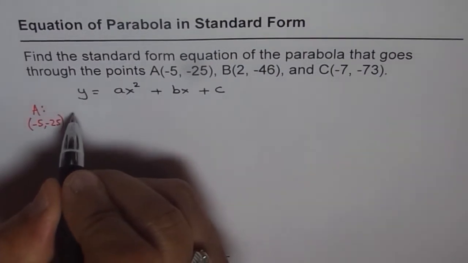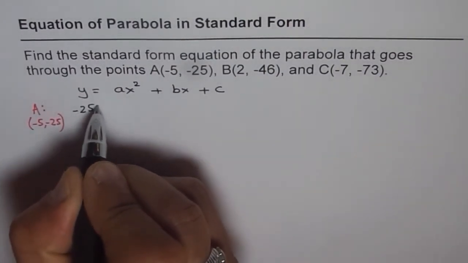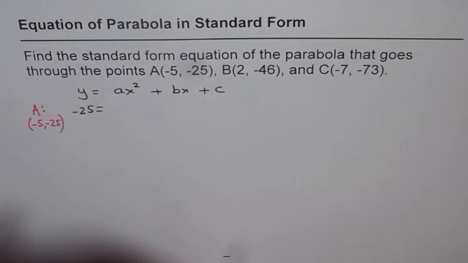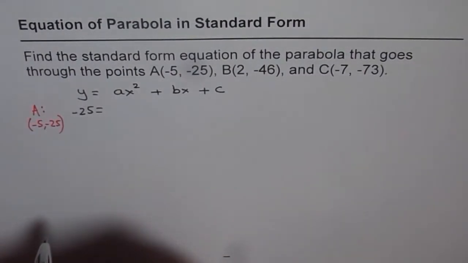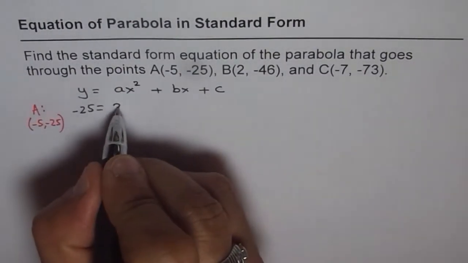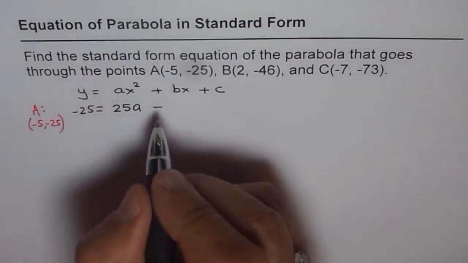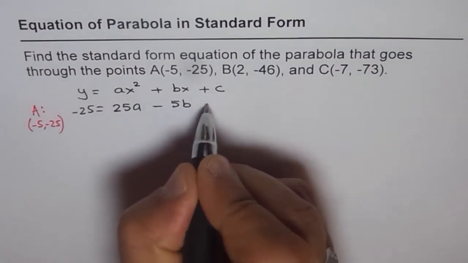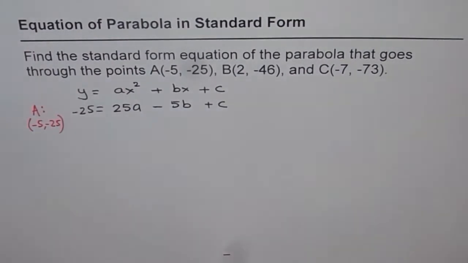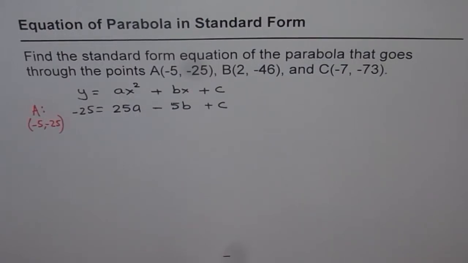So we'll substitute -25 for y and x as -5. The square of -5 is plus 25. So we'll write 25a minus 5b plus c. That becomes our equation, right?